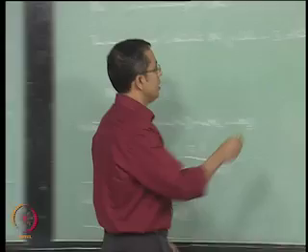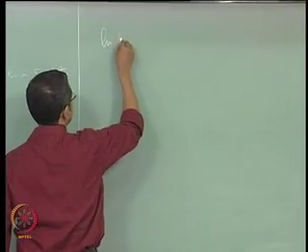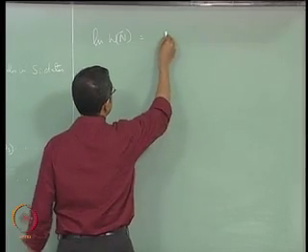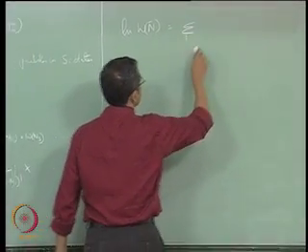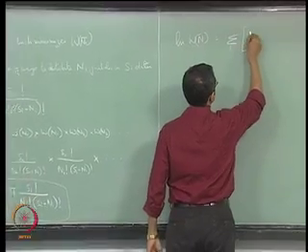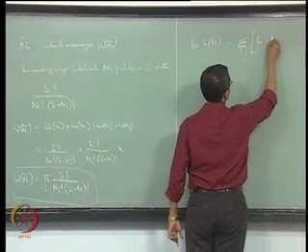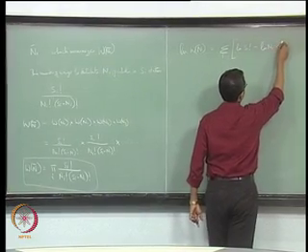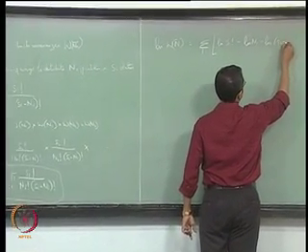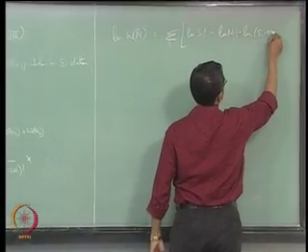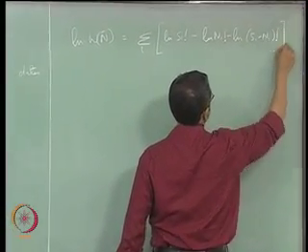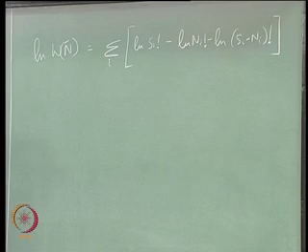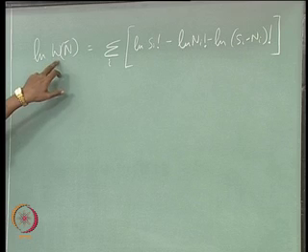So we write the expression for it, and what is a product will now become a sum, sigma over i of ln Si factorial minus ln Ni factorial minus ln Si minus Ni factorial. Okay, so if you take the natural logarithm of W n bar, this is what you will get.